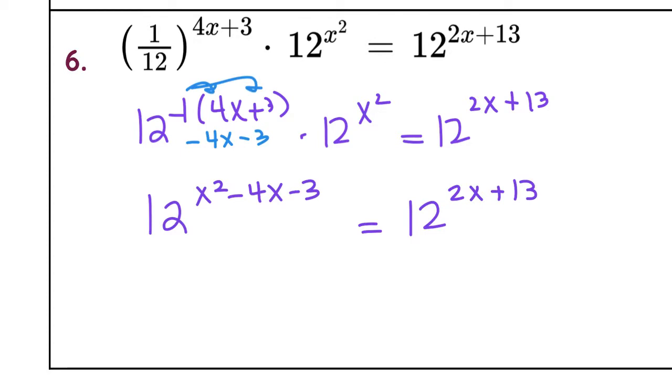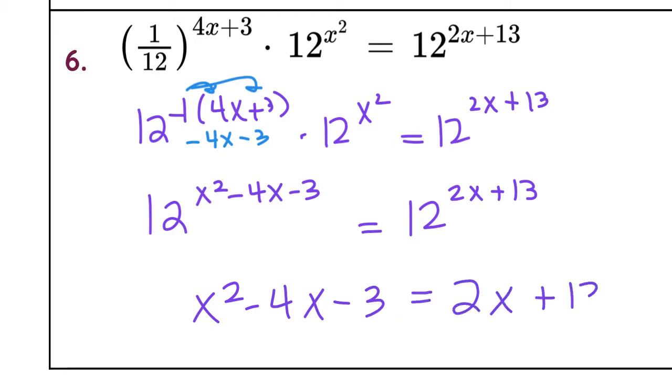So now they have the same base. One-to-one property says that I only need to look at the exponent. So x squared minus 4x minus 3 is equal to 2x plus 13. It's another quadratic equation because of that x squared term. So we're going to get both of these terms and move them over. That way it can be equal to 0.